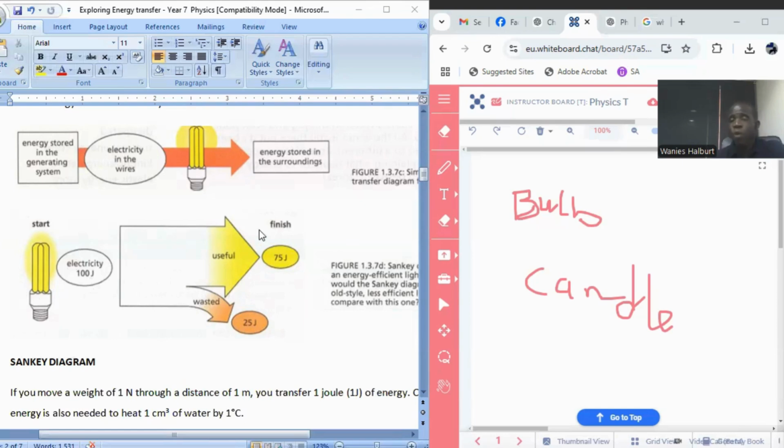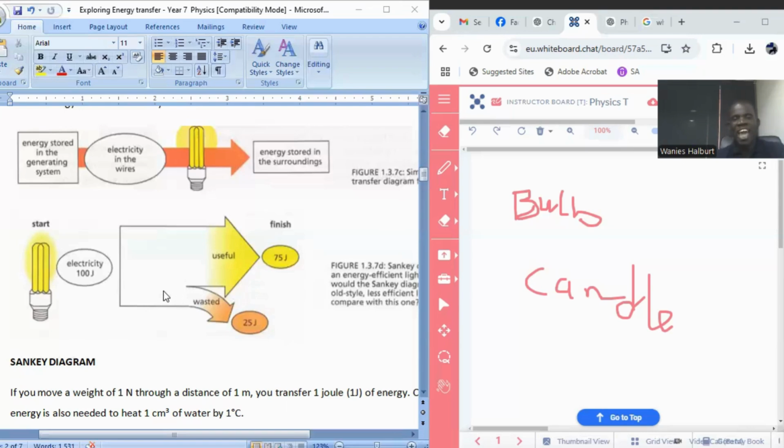Now, the major reason why we lit up the bulb, why the switch is powered on, is because we want the room to be illuminated. So our target, the useful energy target, is the light. So now, from this bulb, what do you see? The Sankey diagram gives you the percentage of the energy that is useful.